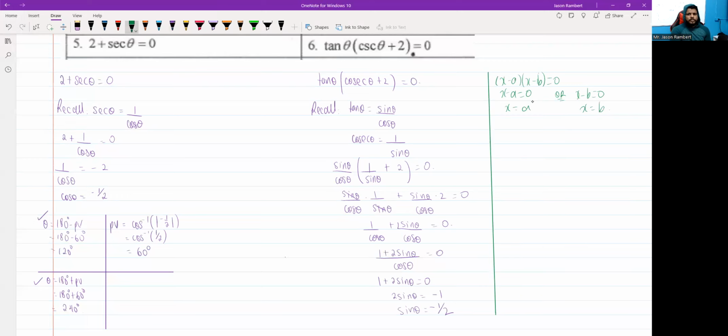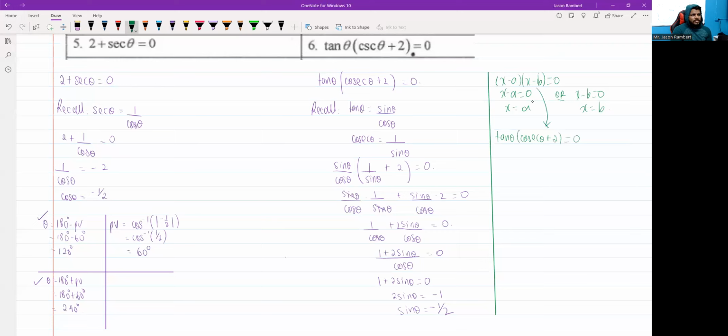This was a skill from quadratics. I actually have something resembling an x minus a and an x minus b up here. I have tan theta into cosec theta plus 2 is equal to 0.